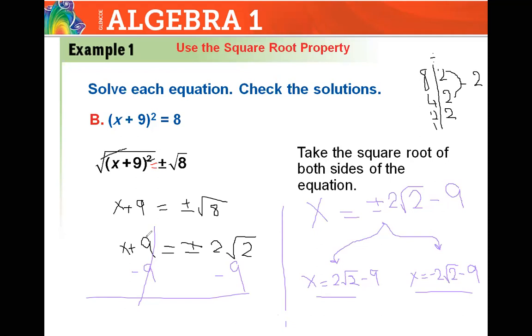Bassami said that to remove 9, I just subtract 9 from both sides. We get x equal positive or negative 2 root 2 minus 9. Positive or negative means one time with positive and the other with negative. So the result is x equals 2 root 2 minus 9, x equals negative 2 root 2 minus 9, and this is the answer. Please write the answer.